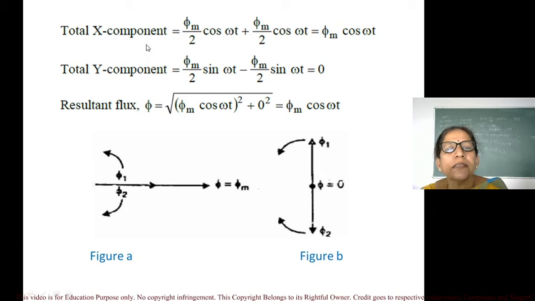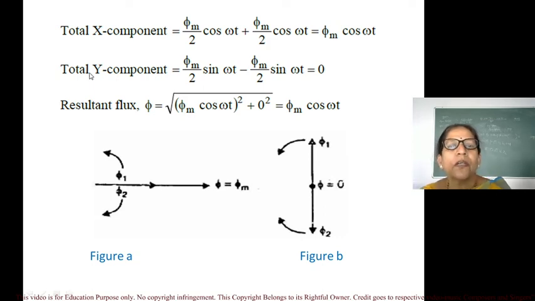So the total x component, you will see here that for first flux it is positive, for second flux also it is positive. So total x component will be phi m by 2 cos omega t plus phi m by 2 cos omega t, that is total x component will be phi m cos omega t.